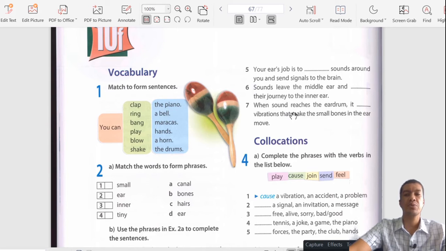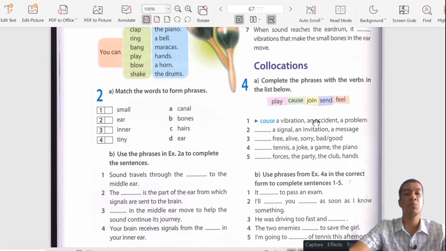And then when sound reaches the eardrum for number 7, it causes vibration. So there's a reaction that takes place. Sound comes in the outer ear, goes and flows, and it makes vibrations that make the small bones in the ear actually move. Alright, moving to our collocations.